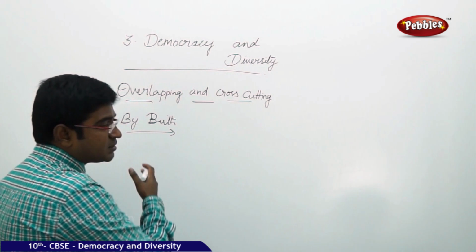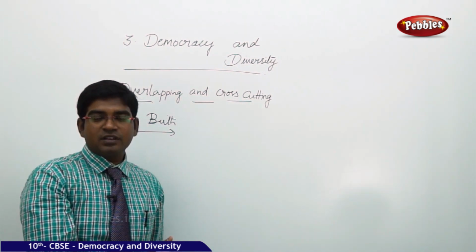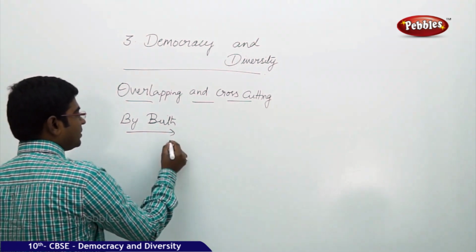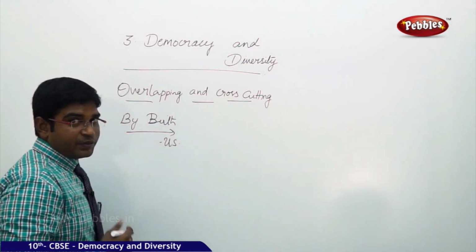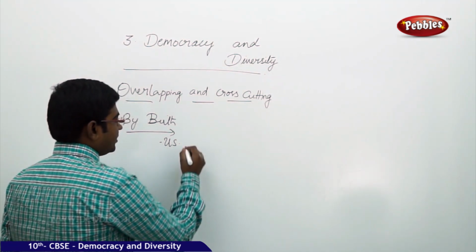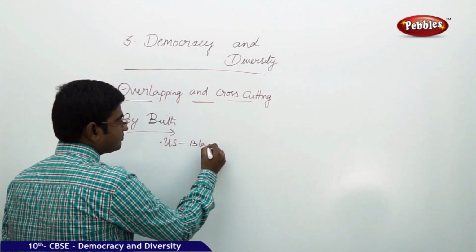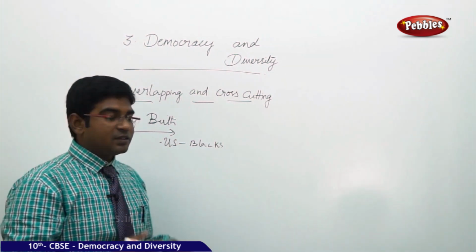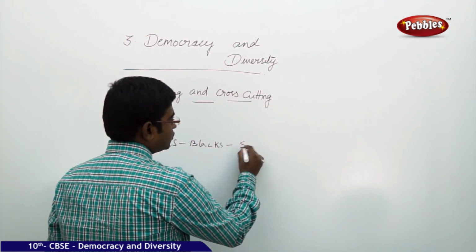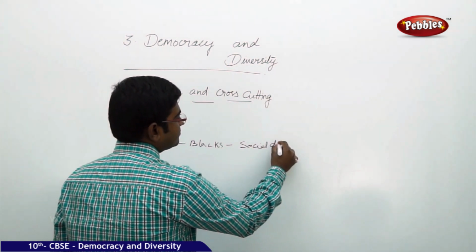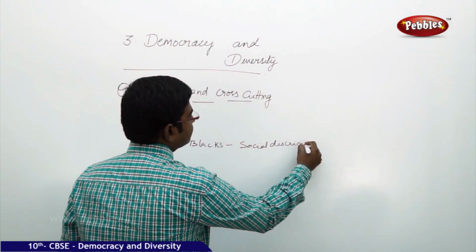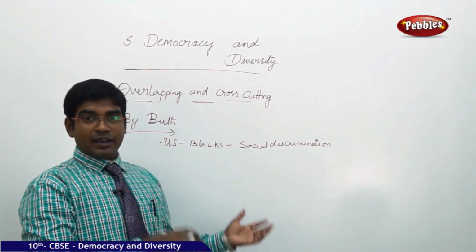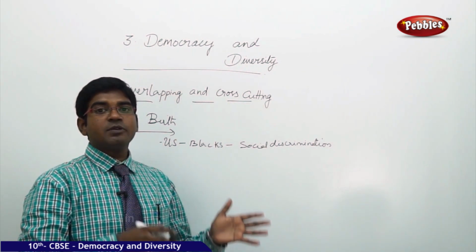In order for this to work as a social division, it needs the support of certain other aspects. Let us take an example in the US. In the United States, we have blacks. These blacks may face social discrimination because not only are they black, they also don't enjoy economic privileges.